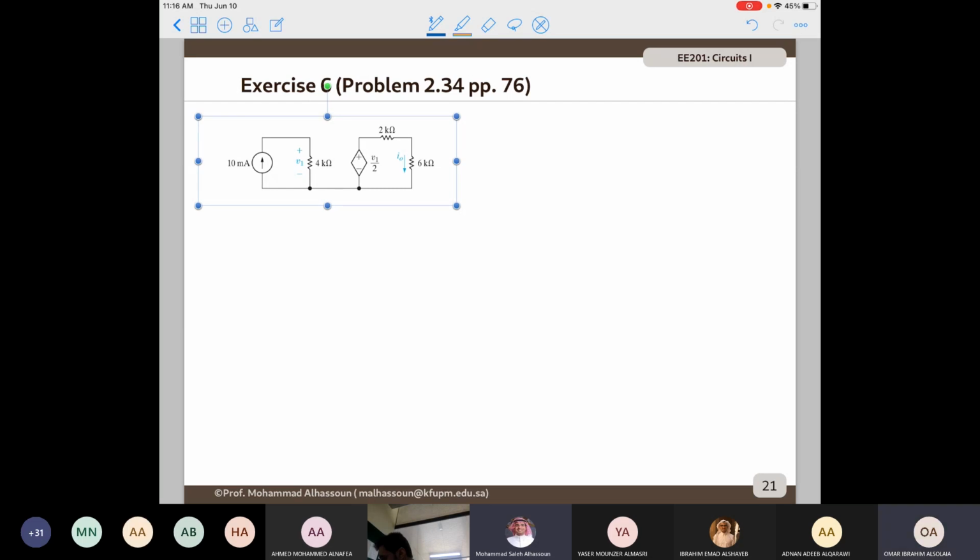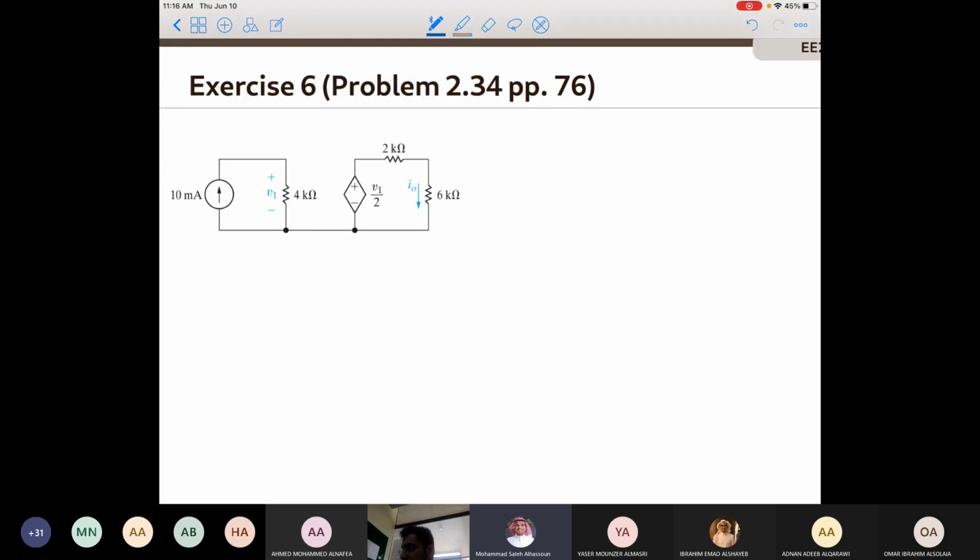Can we first apply Ohm's law, so we can say V naught is equal to I naught times 6 times 10 to the power 3? No, we're looking for I naught. The loop that we are interested in is this loop.